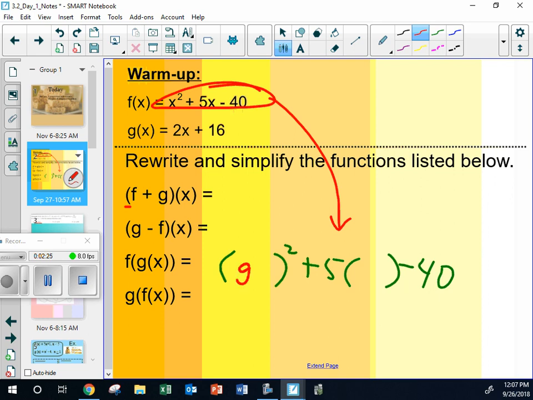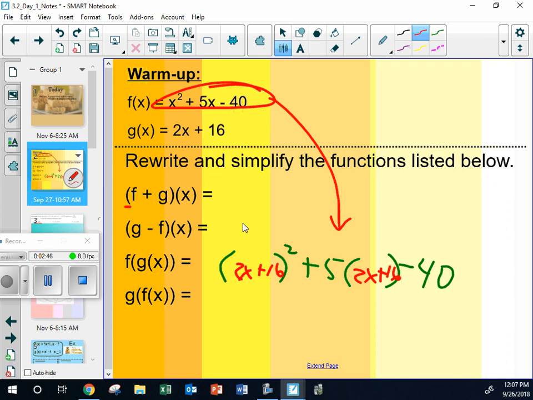Poor little g of x has been devoured. But I don't put g of x there. I put what there? 2x plus 16. And then 2x plus 16. Let's just save the time. I think you know you would multiply that all the way out. That's good enough. Okay. On the test, yes, you'd multiply it all the way out. But let's save the time.